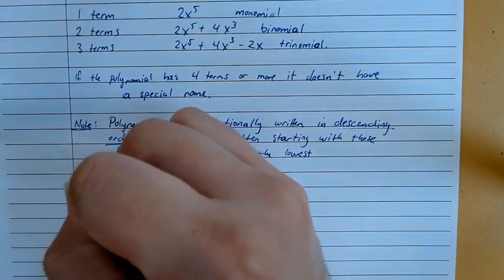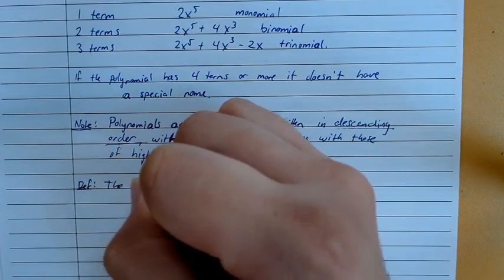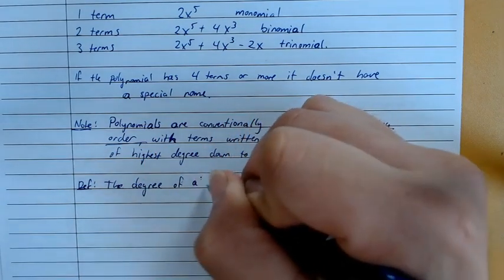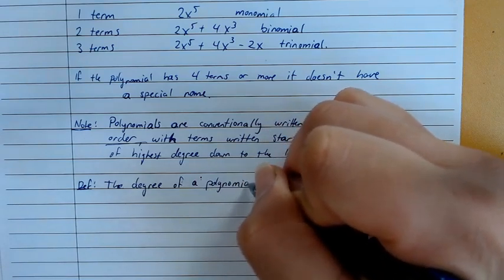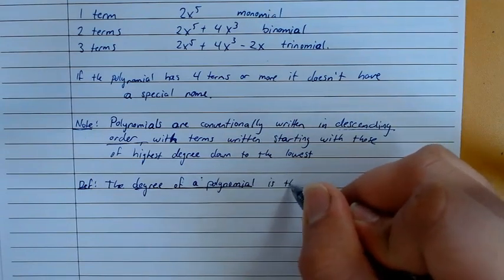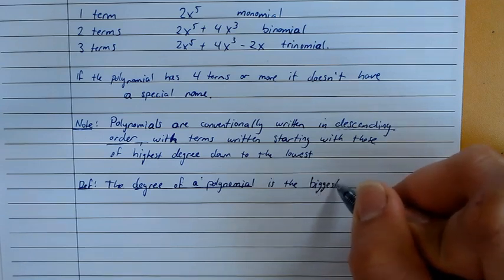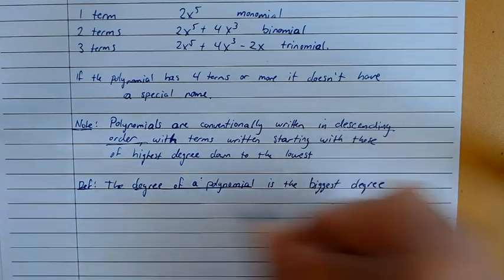So here, definition. The degree of a polynomial is the biggest degree among its terms.